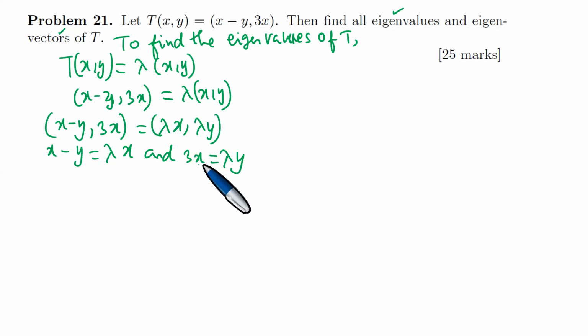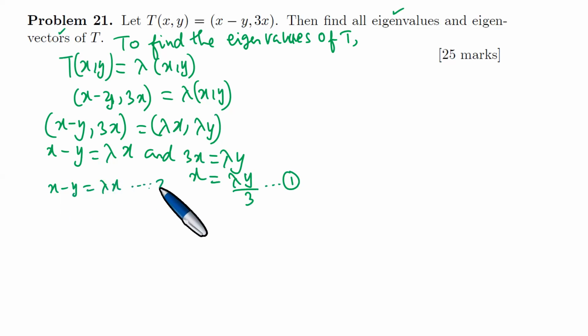This tells us that 3x equals lambda y, so we can make y the subject or x the subject, for example, x equals lambda y over 3. Let's call that equation 1. Then we have the other equation, x minus y is equal to lambda x, and we call this equation 2.